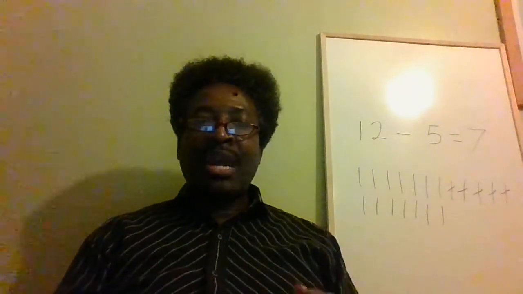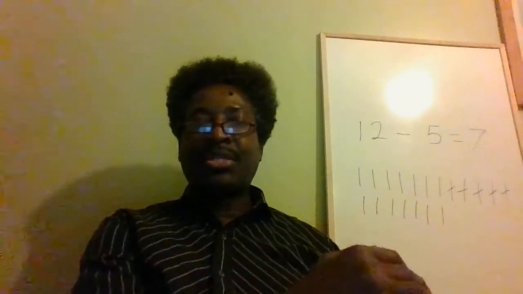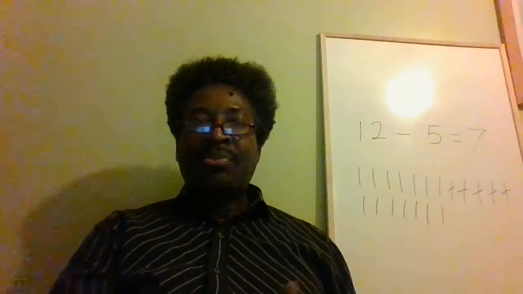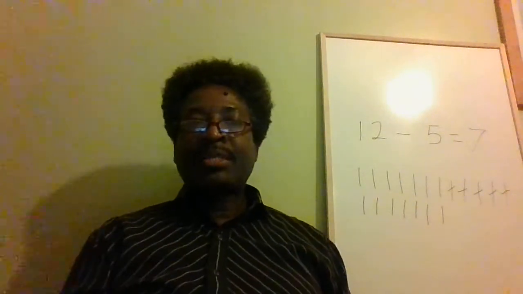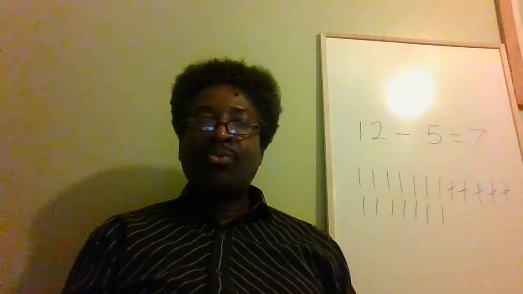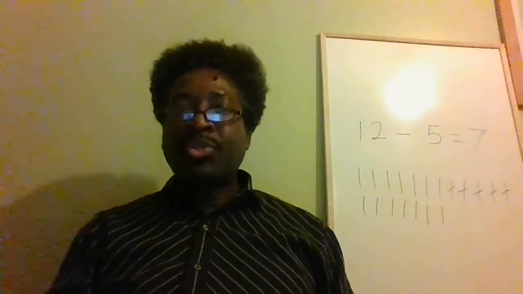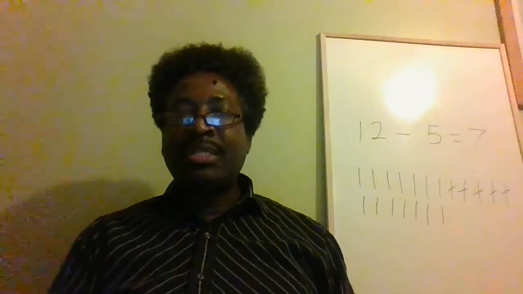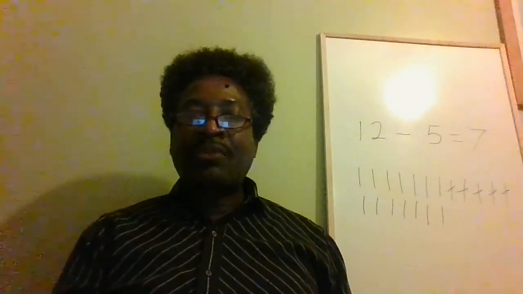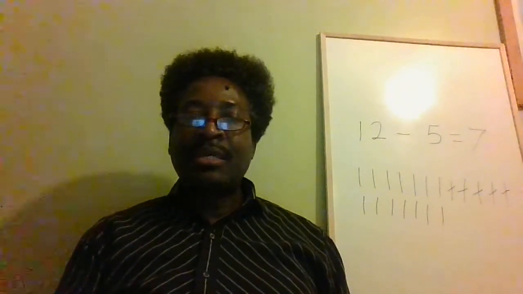What you are doing is you are counting from one smaller number until you get to the other number. But then we still get to the same answer. So it's one way of getting the answer of taking away, even though you didn't really take anything away. So that's one of the beauties of mathematics.